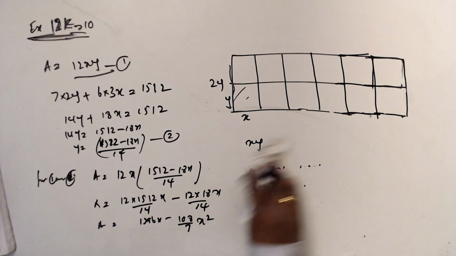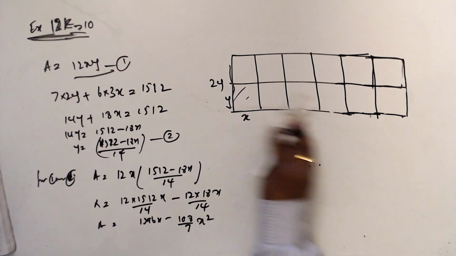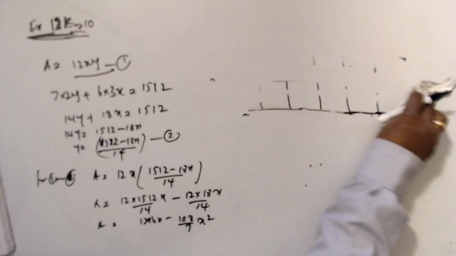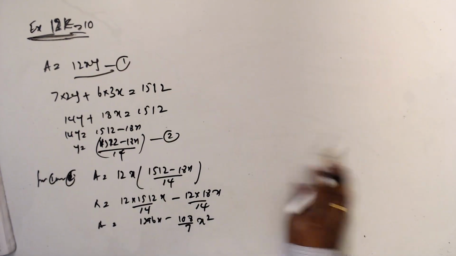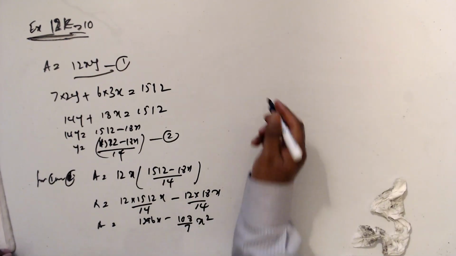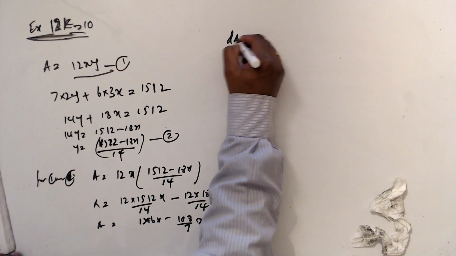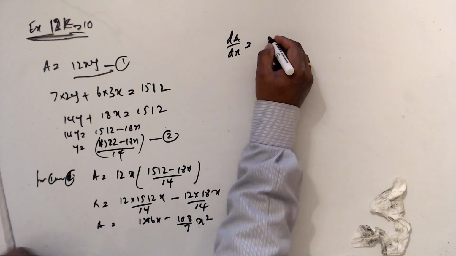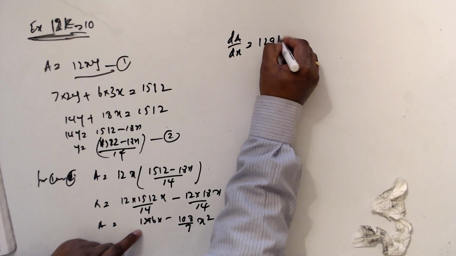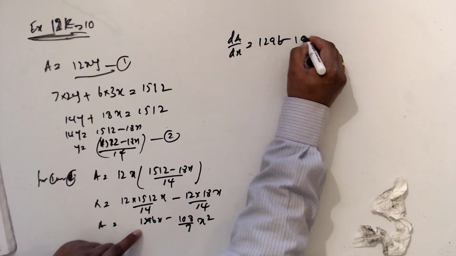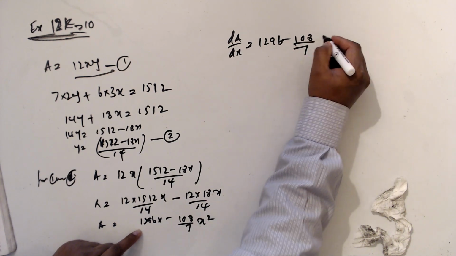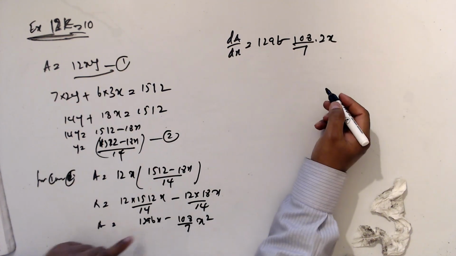Now we need to find the maximum area. To find the maximum area, we want to find dA over dx first. So dA over dx equals 1296 minus 108 over 7 times 2x.